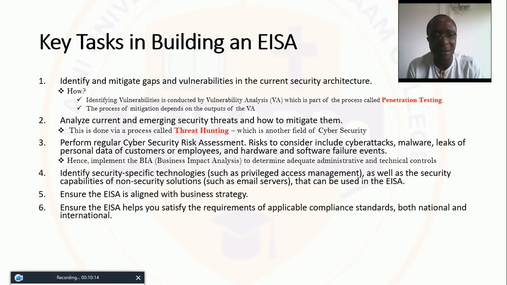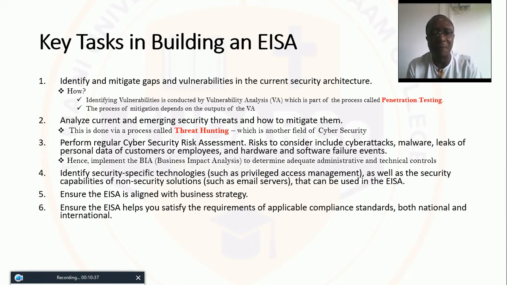Task number 3. Perform regular cybersecurity risk assessment. Risks to consider include cyber attacks, malware, leaks of personal data of customers and employees, and hardware and software failure events. Hence, you implement what we call business impact analysis.